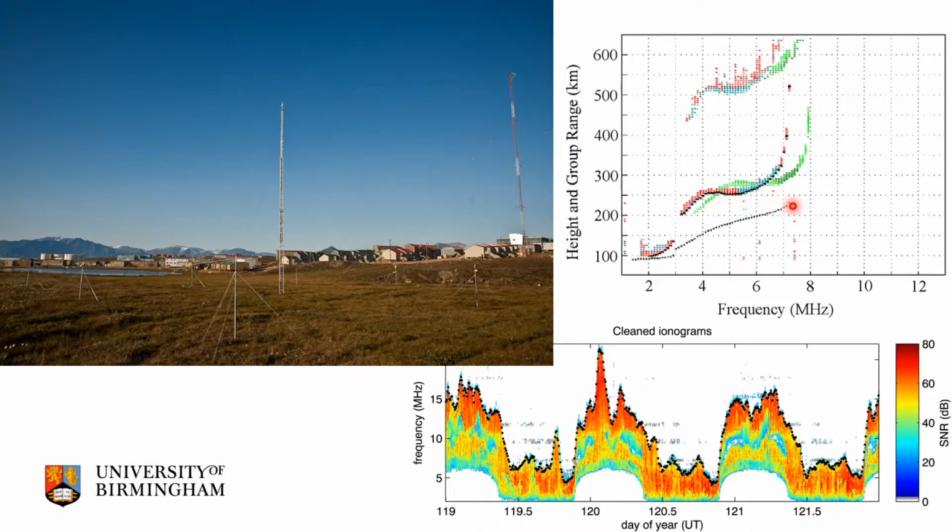They then invert these echoes into a profile of the electron density of the ionosphere that's available up to the peak density of the ionosphere. Here we just have an ionosonde that's located in Pond Inlet in Canada, where this is the transmit mast, and you can see a few of the receivers on the ground here.